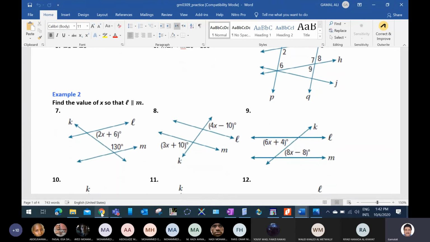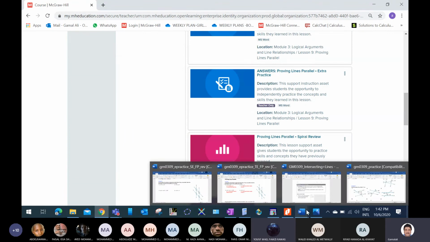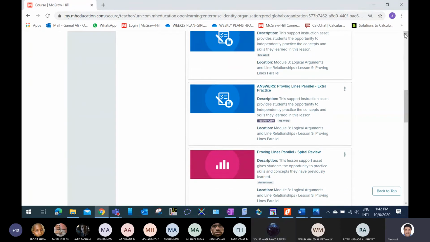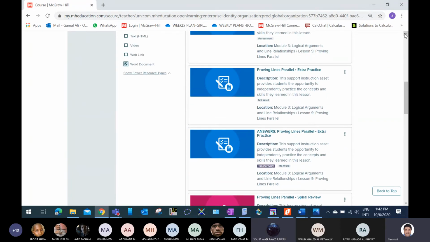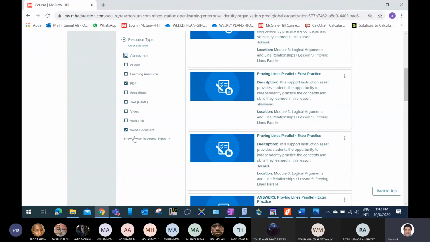Okay, guys. Open your book, please. The geometry book, the exercises which you have. I'll change this one to be PDF and Word.